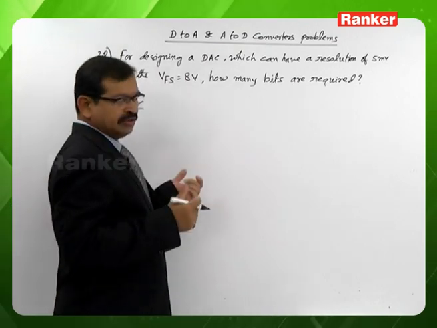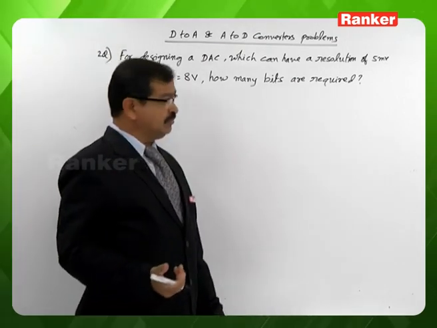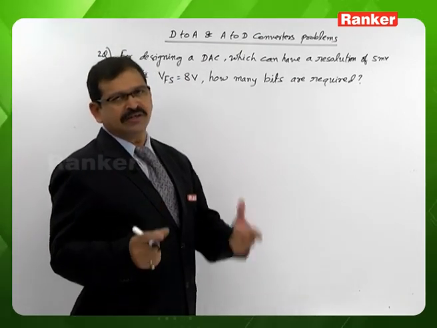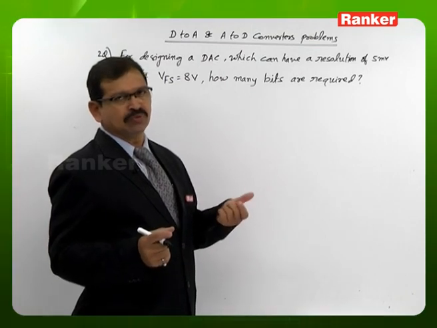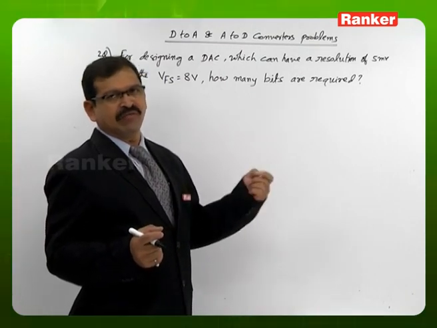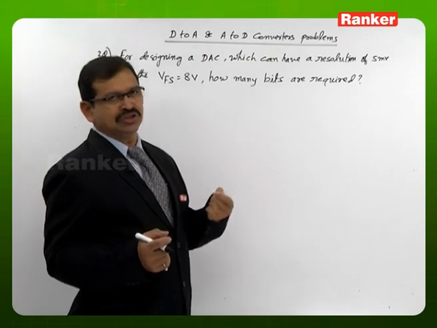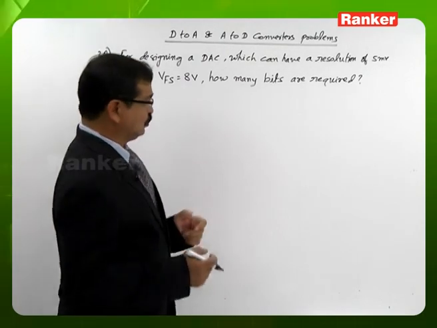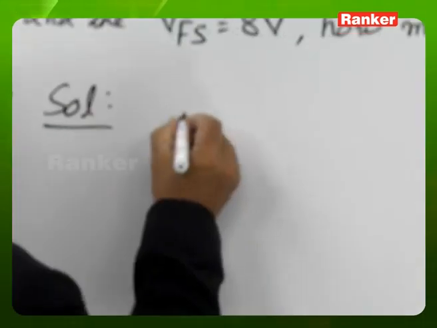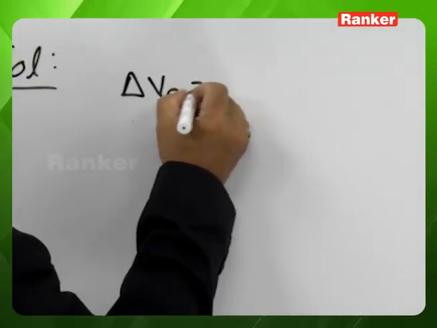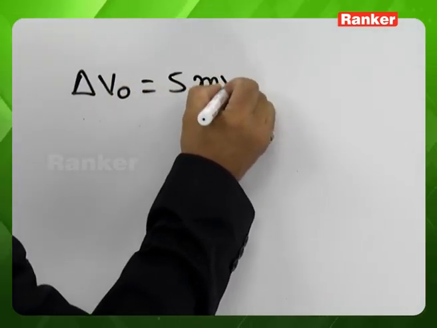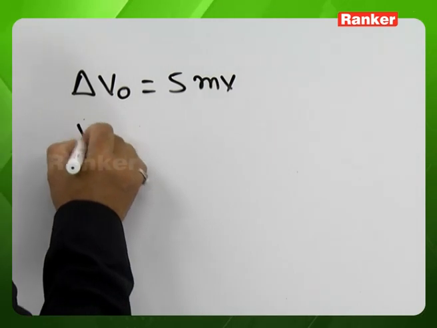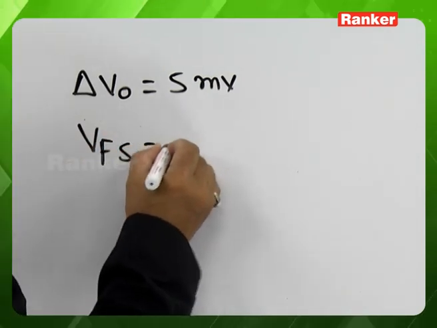I was saying the resolution is sometimes mentioned by a few authors in terms of the smallest possible change in the output voltage or output current whenever the input binary LSB bit is changing, maybe 0 to 1 or 1 to 0. In this case, it is basically the smallest possible change in the output voltage, that is 5 millivolts. And the full scale output voltage is mentioned.